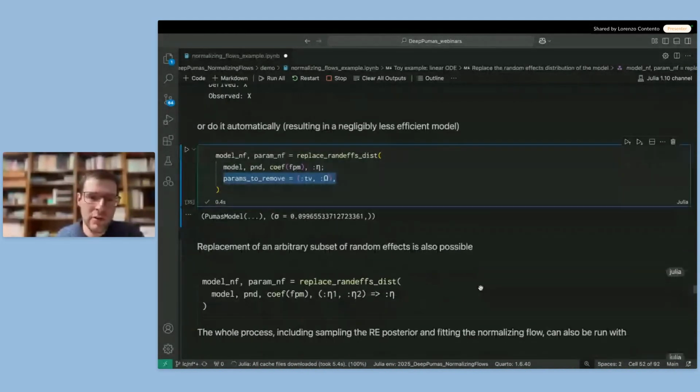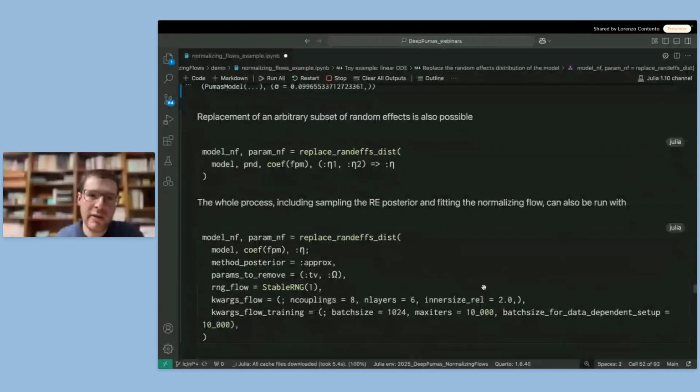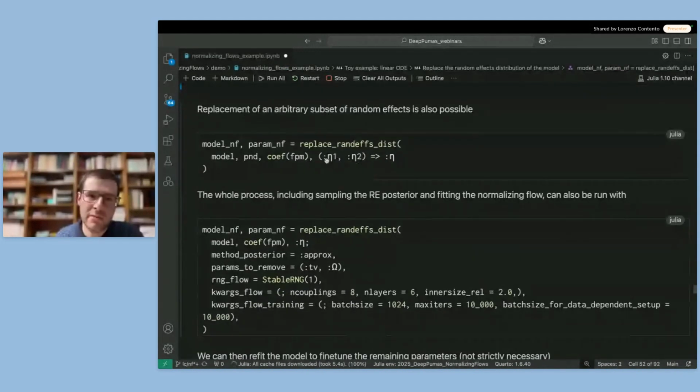And you can also do fancier stuff, like, not in this case, but if you have a model with many random effects and you only want to substitute the distribution of some random effects, you can just select some of them and tell DeepPumas to replace them with the new random effects eta.